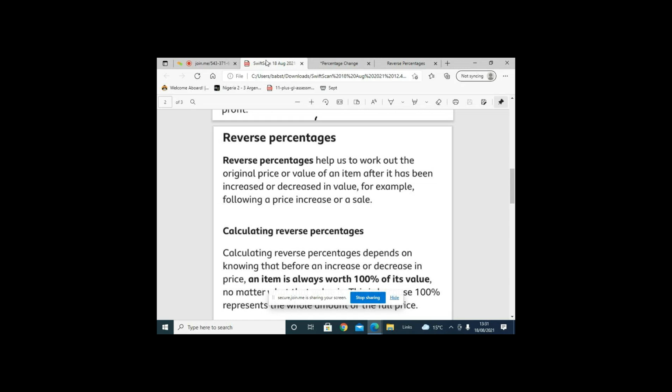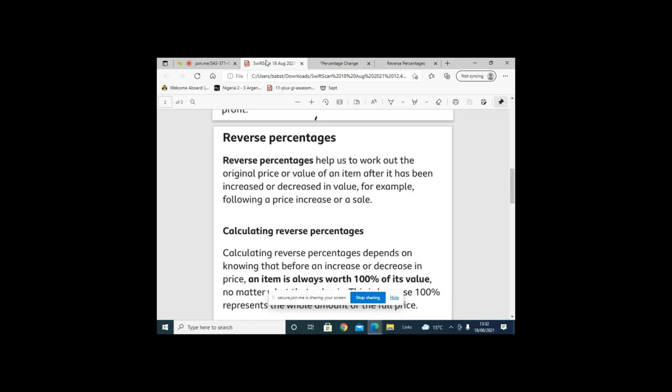Reverse percentage helps us work out the original price or value of an item after it has been increased or decreased in value.